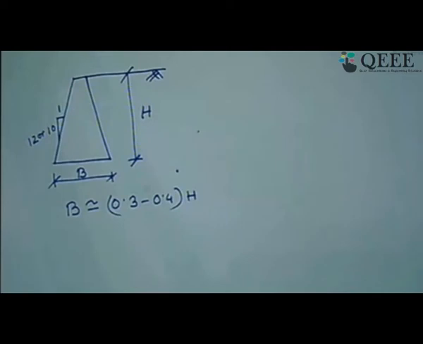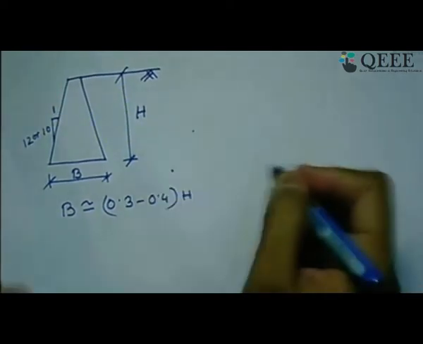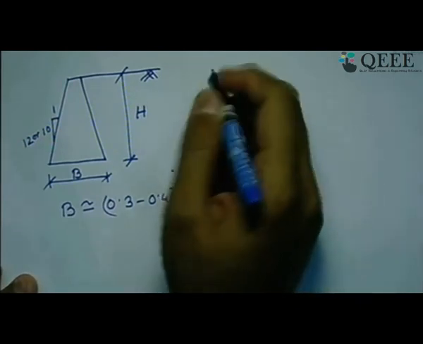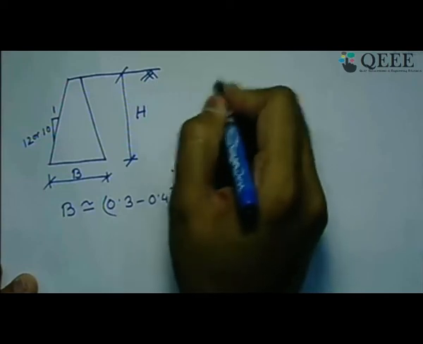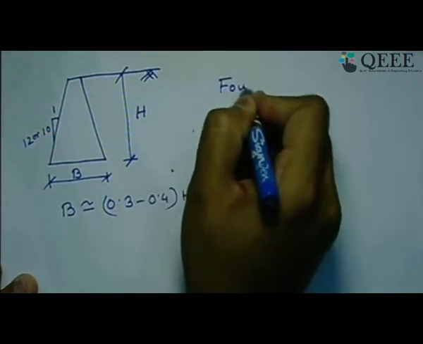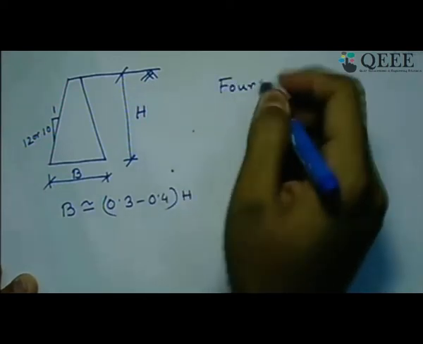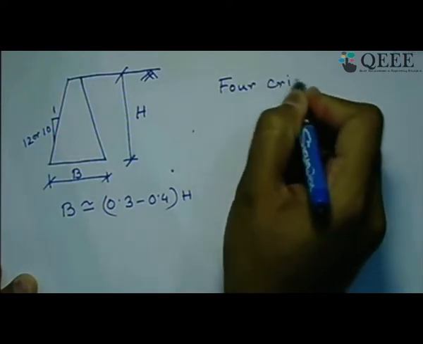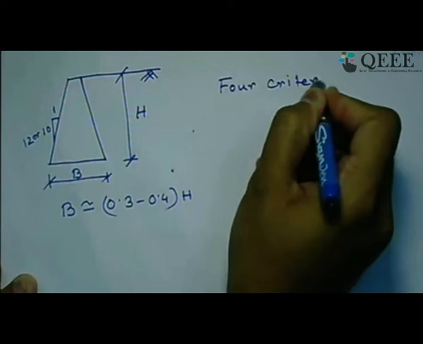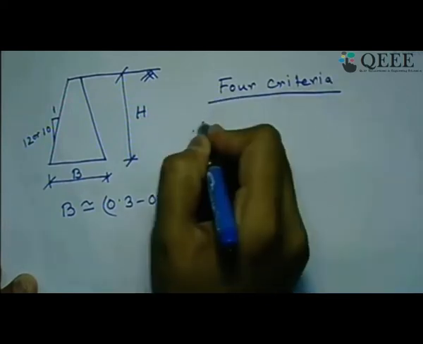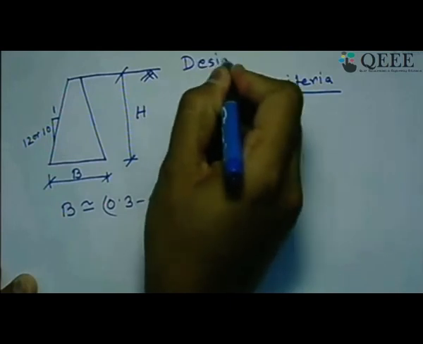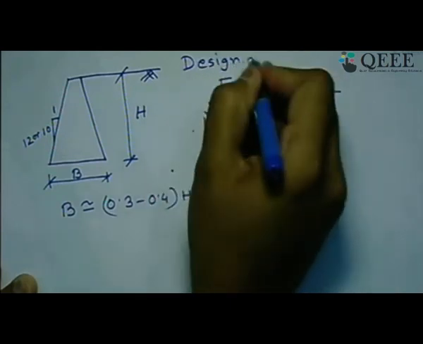So for gravity retaining wall design, if we look at this wall, there are 4 aspects of failure. What are those 4 aspects? We should check 4 criteria, which we should consider for design of a gravity retaining wall.